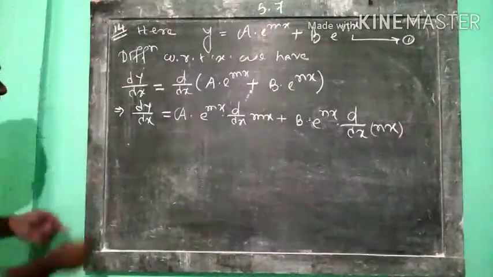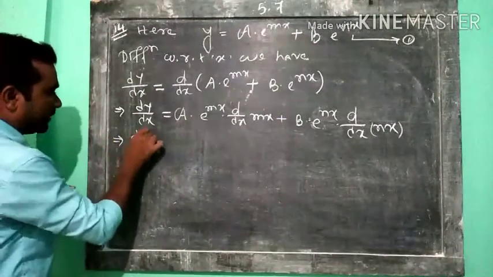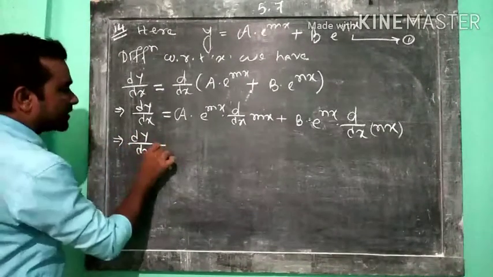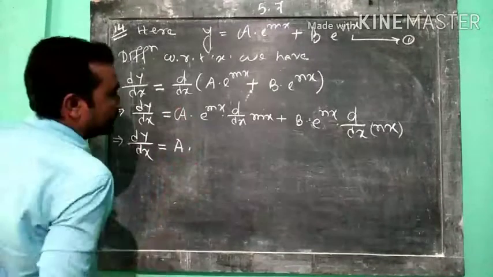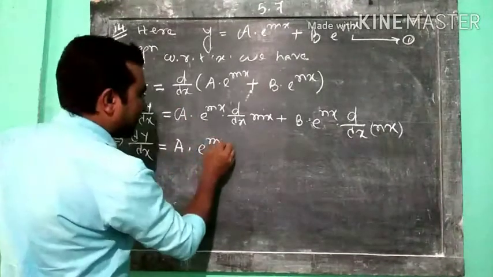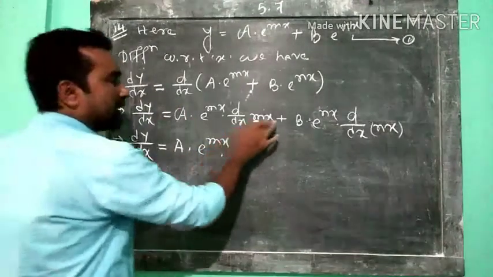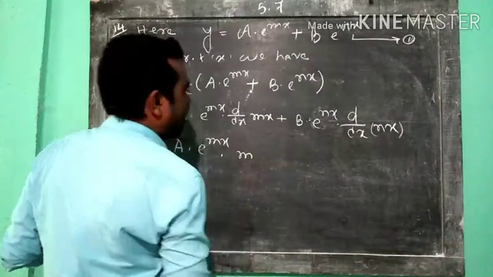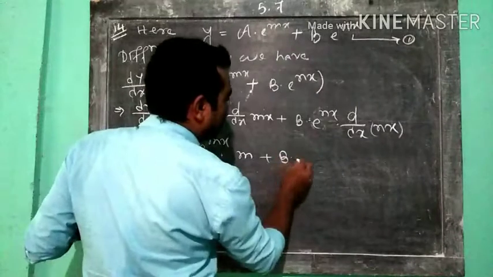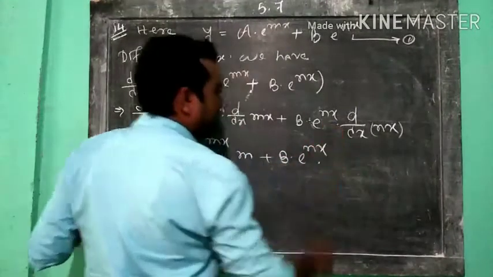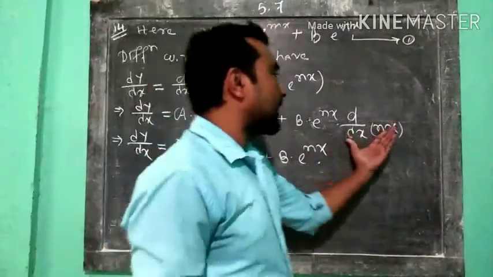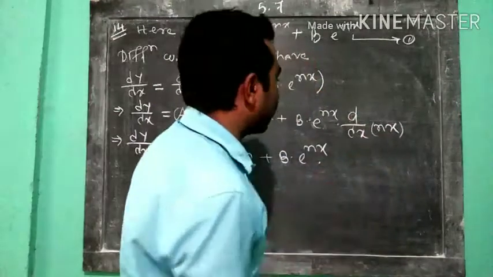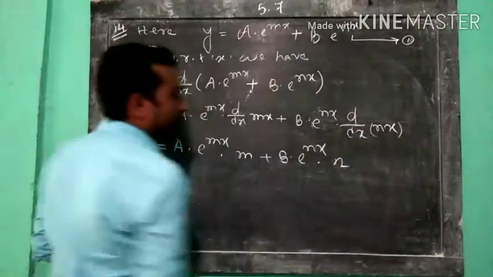So dy/dx is equal to a into e to the power mx into d/dx of mx, m is constant and d/dx of x is 1, so m, plus b into e to the power nx into d/dx of nx, n is constant here and d/dx of x is 1, so here it is n only.